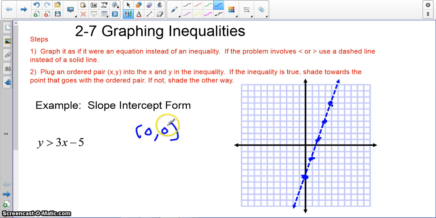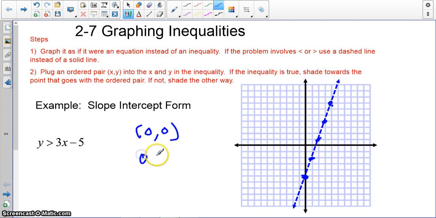So pick x equals 0, y equals 0. The only constraint, and this is important because it might come up here and there, is that you cannot plug in a point on the line itself. So you have to pick one side or the other. Really pick 0, 0 unless the line is going through the origin. Otherwise, just pick 0, 0.